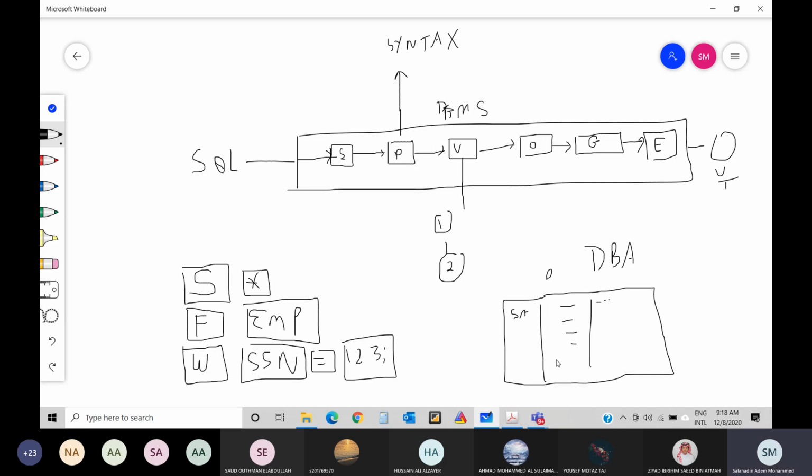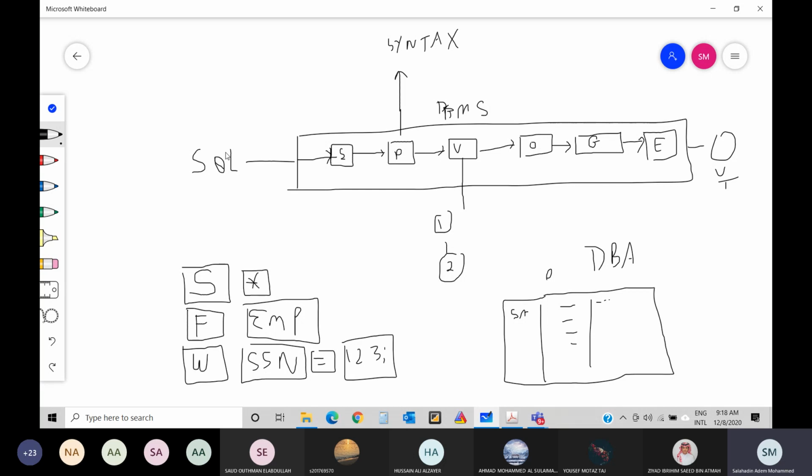This table was not created by the DBA, it is a system table. As soon as you install Microsoft, Oracle or MySQL, automatically all these tables are created. And then you just have to insert. So the DBA will insert that information for every employee who is going to join.